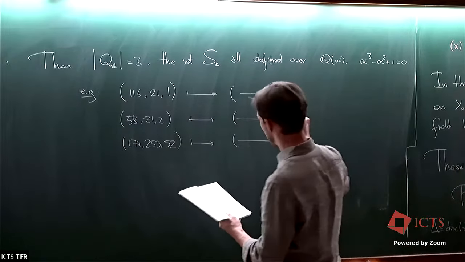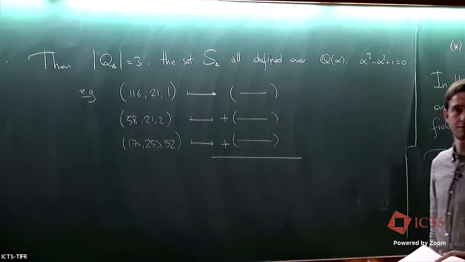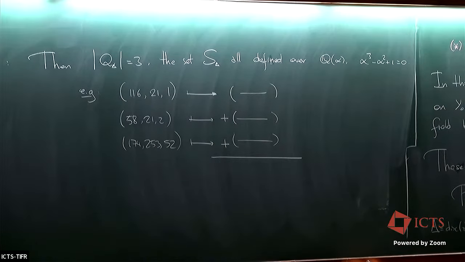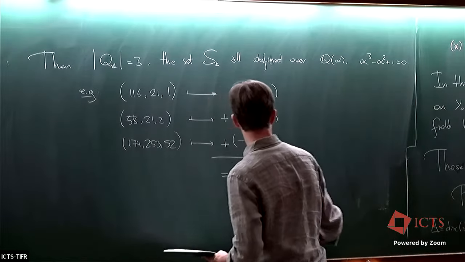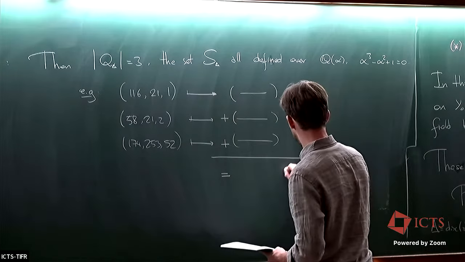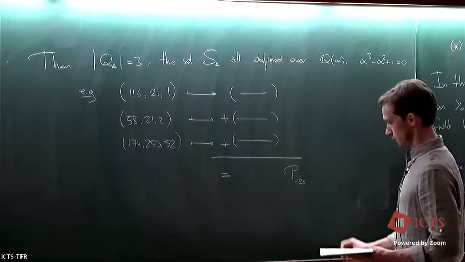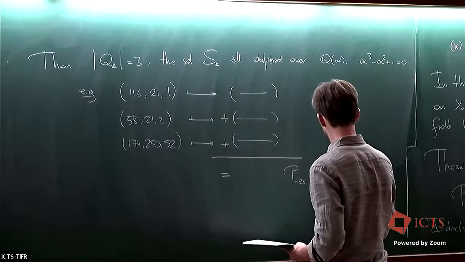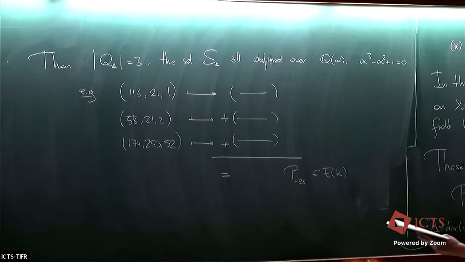But what is more pleasant to write on the board is if I add them all up. That's what this trace is by the reciprocity law. If I add them all up, the result is what I've called P sub -23, which is on the elliptic curve over the imaginary quadratic field a priori.